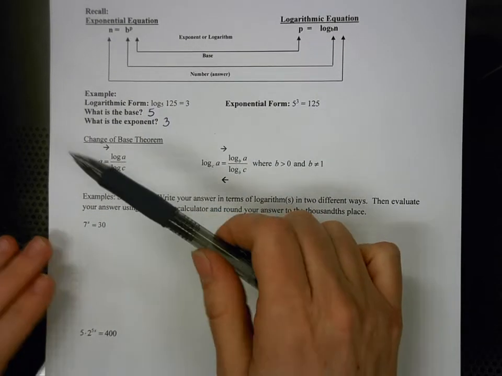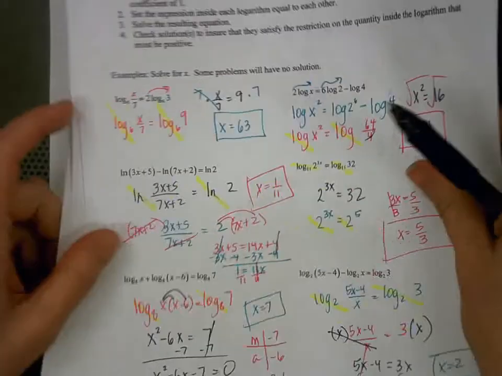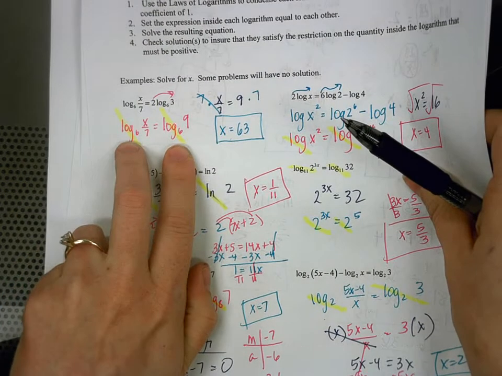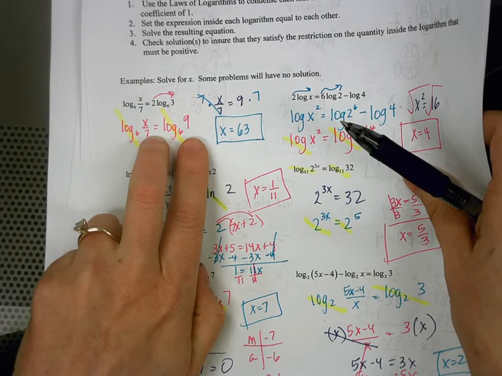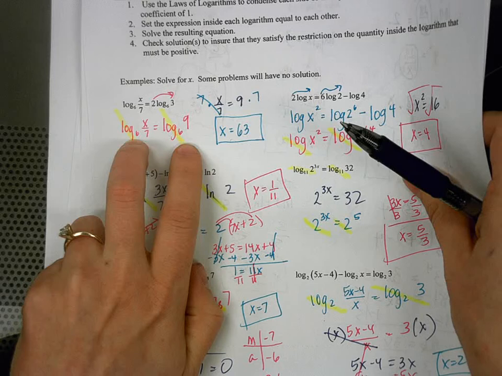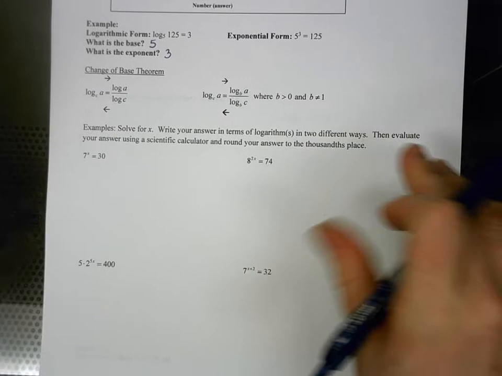So we had problems in the last section where we got the same logarithm on each side, like log base 6 here. So we were able to set x over 7 equal to 9 because the log base 6 matched. On these problems, we're not going to have values that match like that.